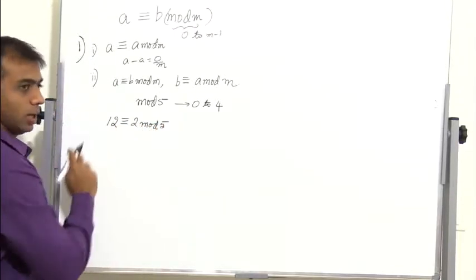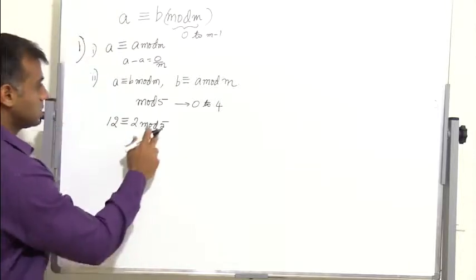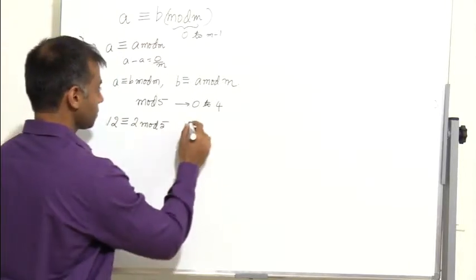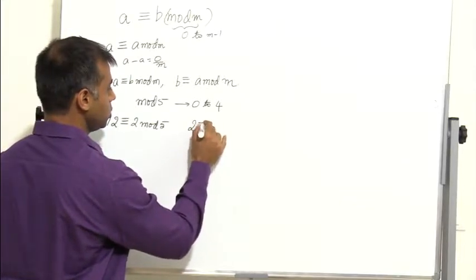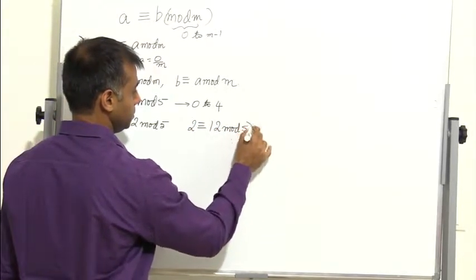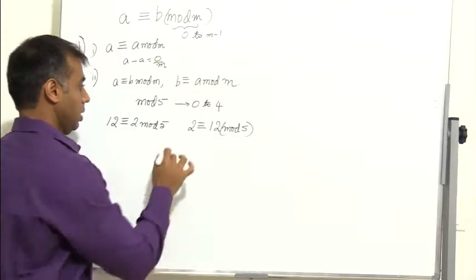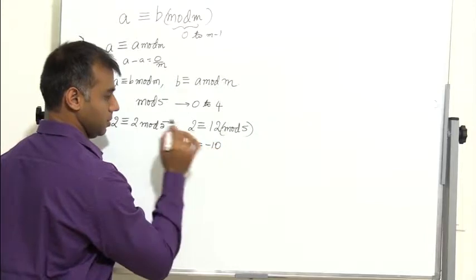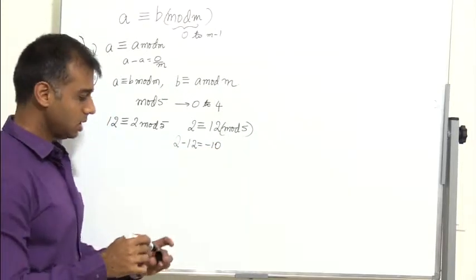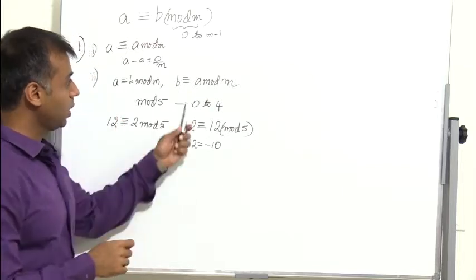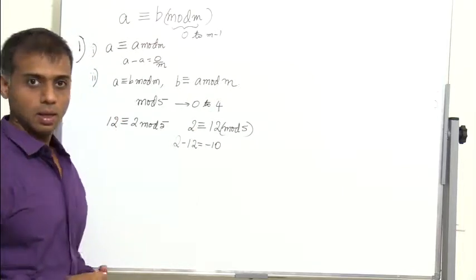Here we know that 12 minus 2 is 10, which is divisible by 5. Now interchanging these two, I also have 2 congruent to 12 mod 5. Now when I do 2 minus 12, I get minus 10. Minus 10 is invalid in mod 5 because we have numbers varying from 0 to 4.